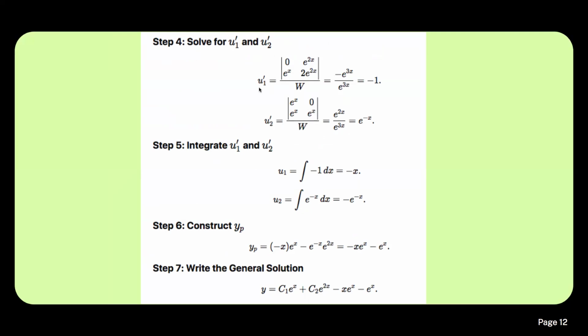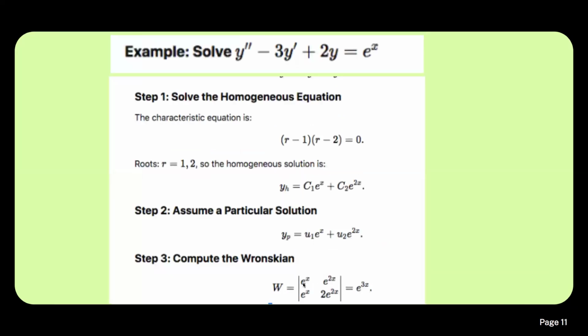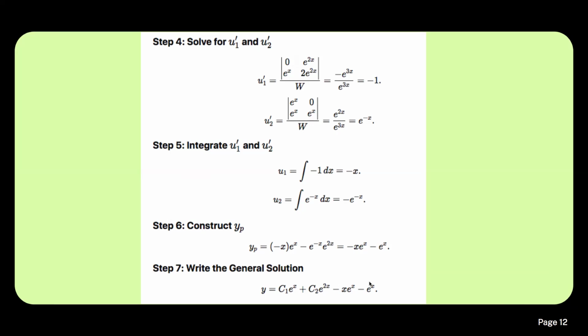In this way, we can solve u1 prime and u2 prime. The calculation shows u1 prime equals minus x e^(-x)... this is 0 minus e^(3x)... w is e^(3x), okay? W is this times this minus this times this, which is e^(3x).